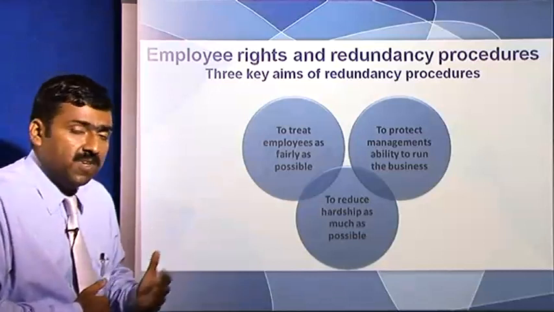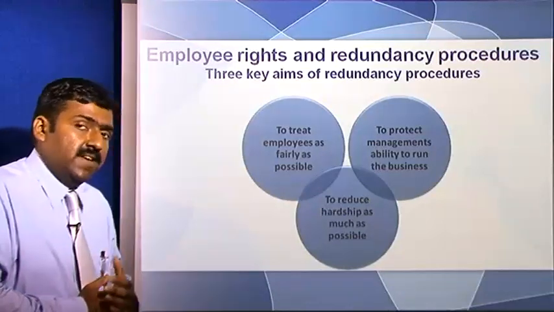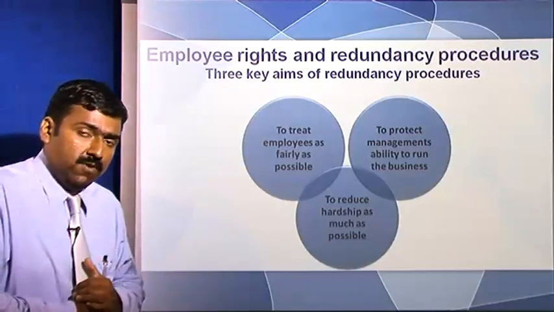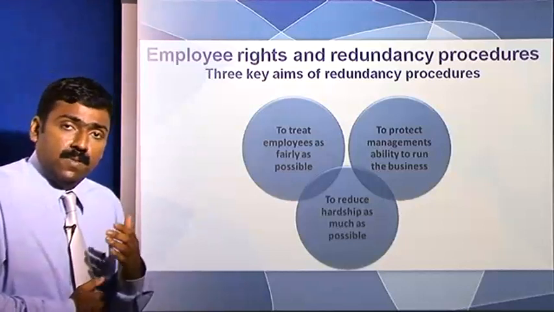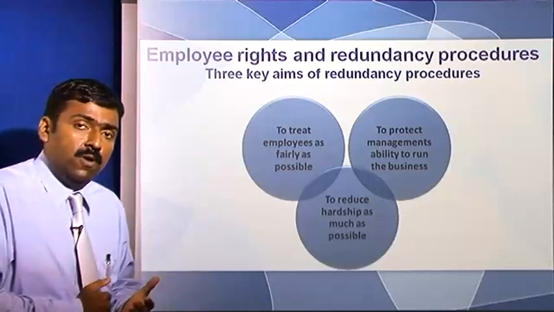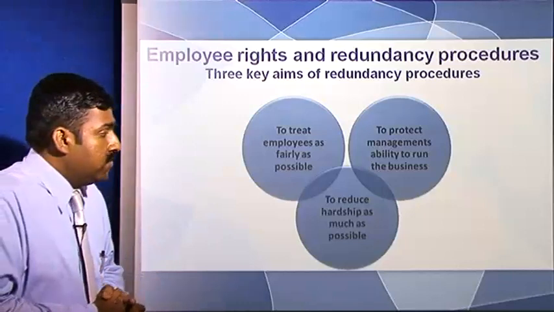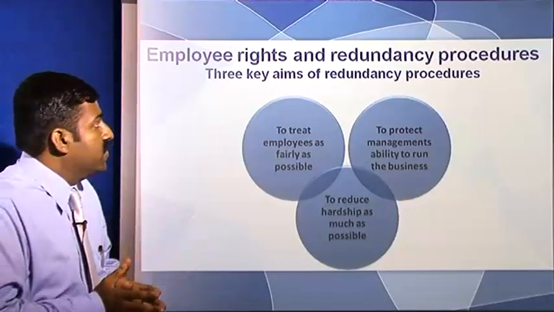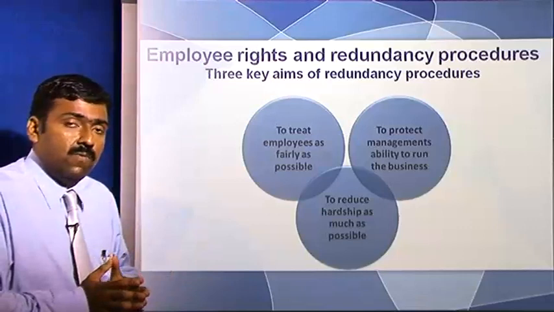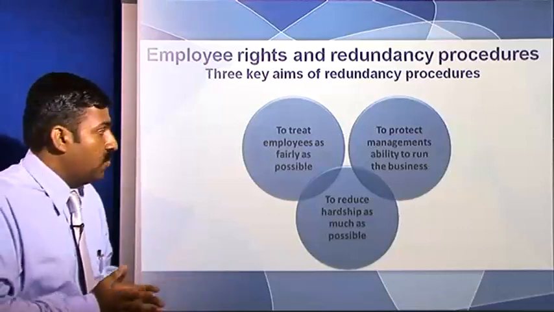Third, to reduce hardship as much as possible. A redundancy exercise is not an easy one for all the stakeholders, be it the management, the employees, the HR personnel involved, and society as a whole. So having a procedure established will reduce the hardships as much as possible.